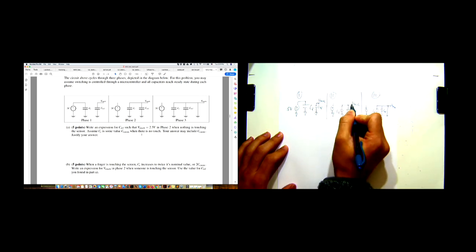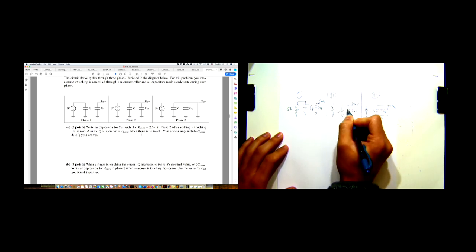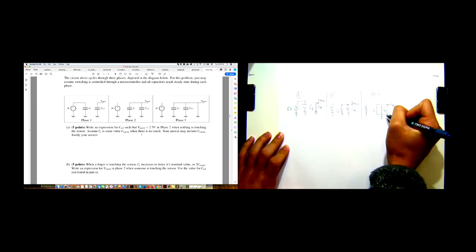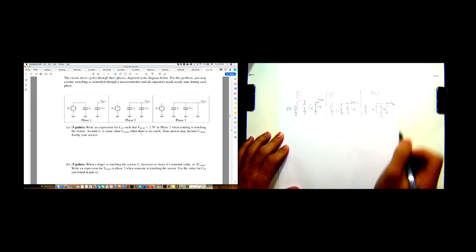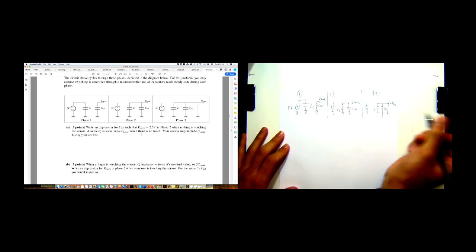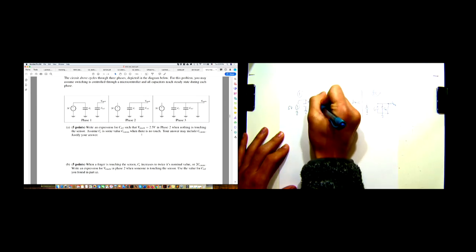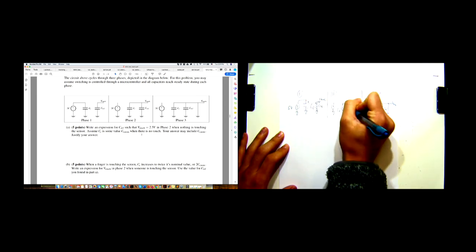So this node up here is a floating node, and charge gets stuck on here in phase 2. Then in phase 3, it's once again connected down, so it's discharged in phase 3. Going through now, we're going to look at the charges, and we're also going to label our capacitors. For this one, the labels turn out a bit nicer if you just keep plus minus on top and bottom.